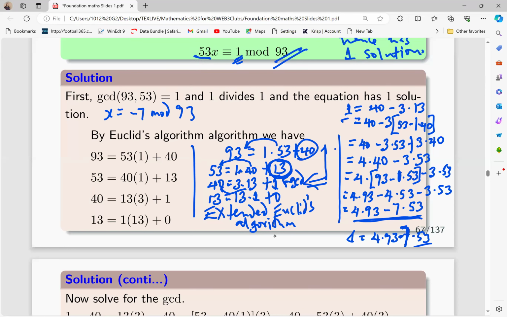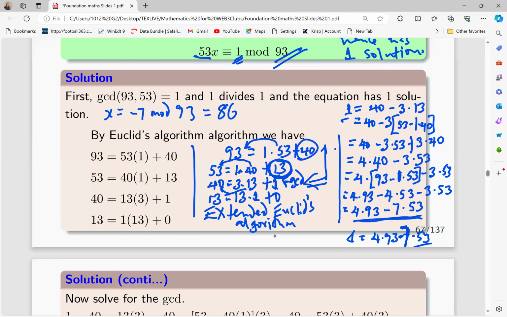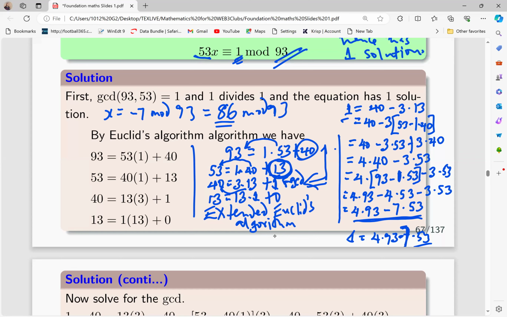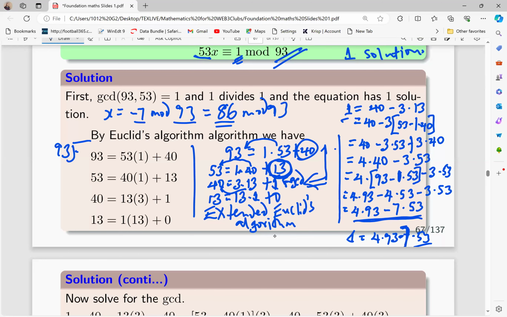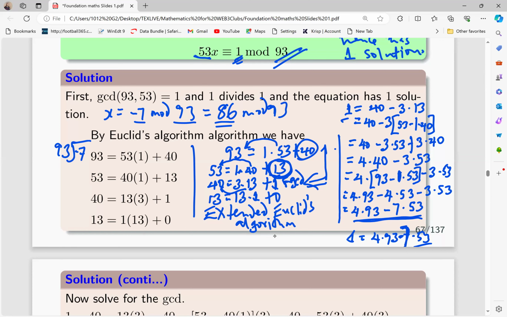But now that is negative. To make it positive, there are two ways I've shown you. One, add 93 to negative 7, and you get 86. The other way is to divide negative 7 by 93 and realize that negative 1 times 93 is negative 93.